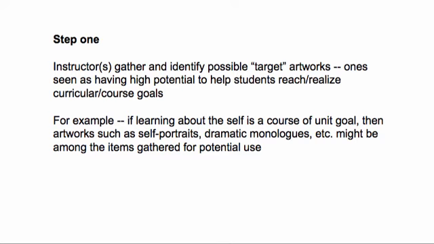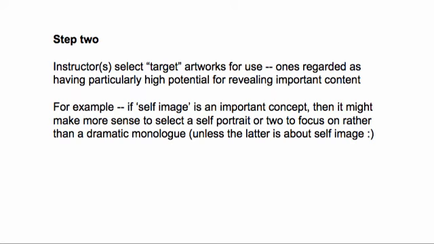meaningfully from the list. And so the second step then is that selection. So you basically pick from the list something that has high value, meaning high potential for revealing important course content or getting after course or unit goals.